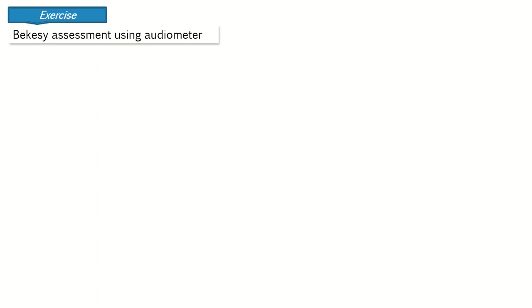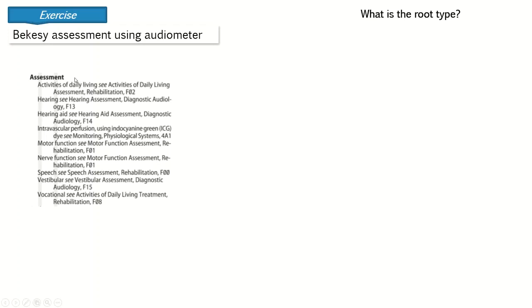So we know that the first two characters, based upon what I've just said, shall be F and 1. We just know that. All right, coders, what is your root type? And if you didn't know, it will be assessment. And it even tells you, if you go to assessment, it'll say, go see hearing assessment, diagnostic audiology. So we're going to go do that.